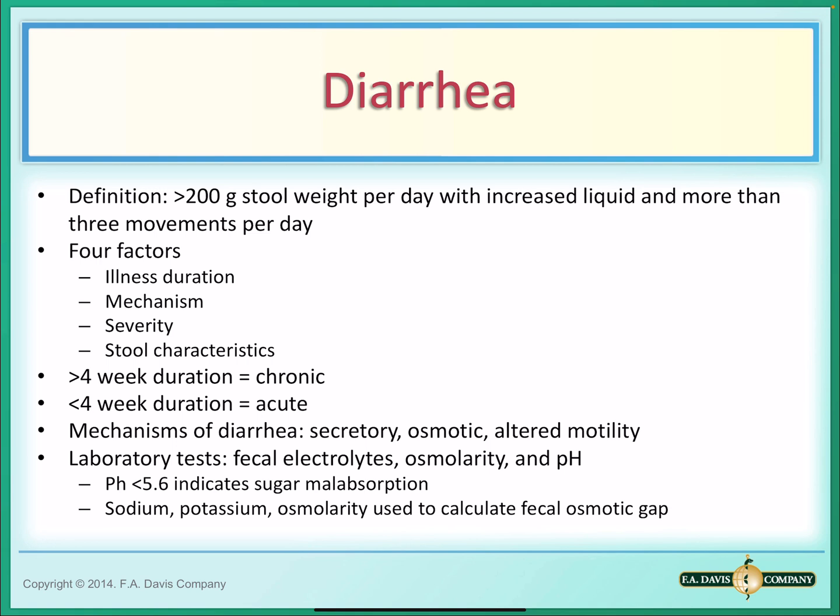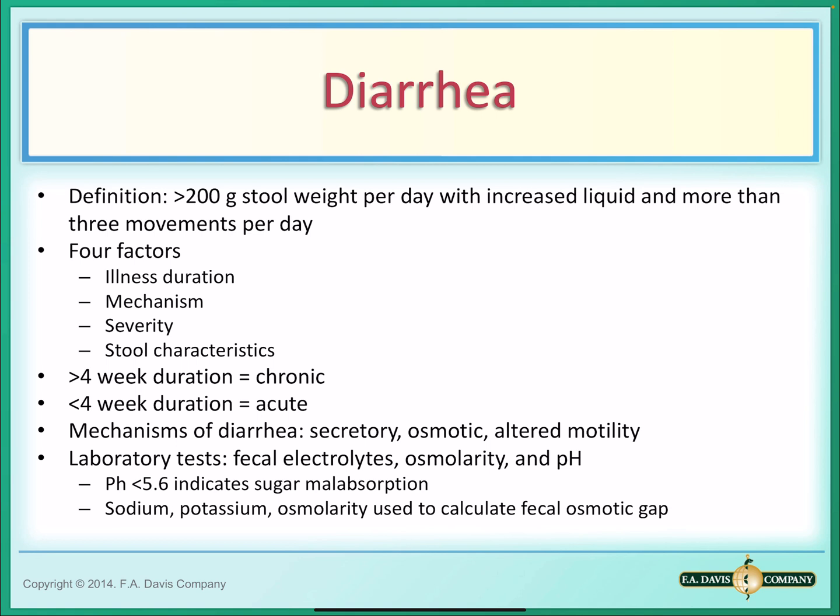Diarrhea that lasts less than 4 weeks is defined as acute diarrhea, and diarrhea that persists for more than 4 weeks is termed chronic diarrhea. So diarrhea is anything that's over 200 grams of stool weight per day, with increased liquid and more than 3 bowel movements per day.